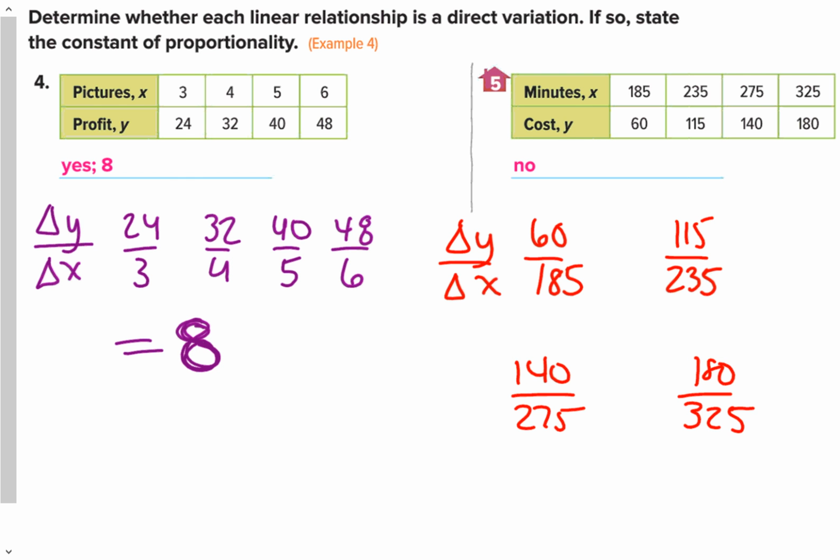So 60 divided by 185 equaled just about 0.324. Okay, then 115 divided by 235 equaled 0.489. So automatically you'll see that two ratios aren't equal, so that's why it's a no.